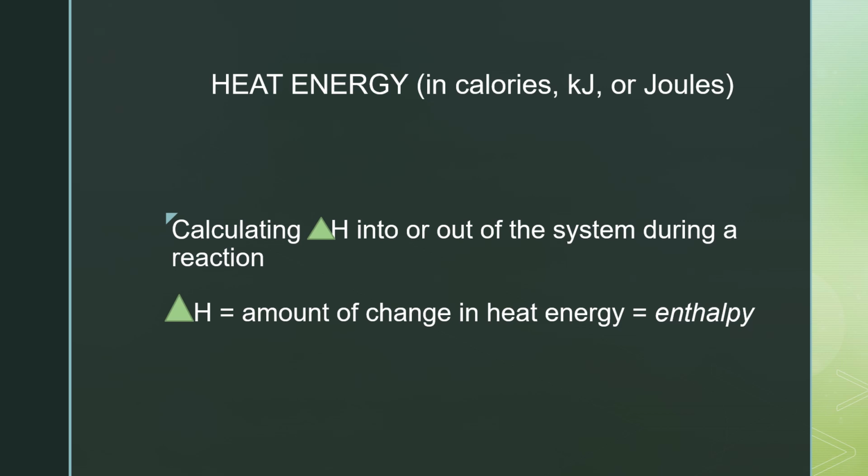The calculations all find out the exact same thing, and that's the change in heat, however much heat either escaped or was absorbed by the reaction. The amount of the change in heat is also called enthalpy. So you can say delta H, the delta is the triangle, or you can say the change in heat energy or the change in heat, or you can just use the word enthalpy. It all means the same thing.